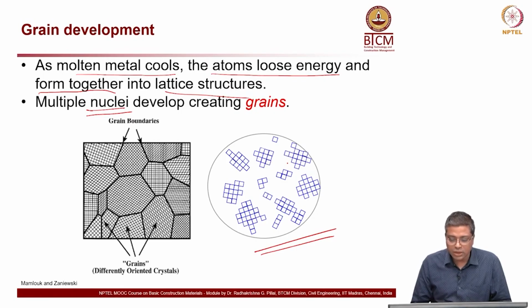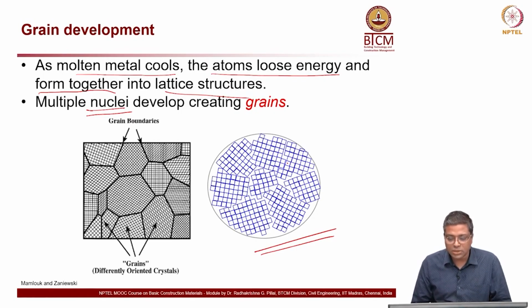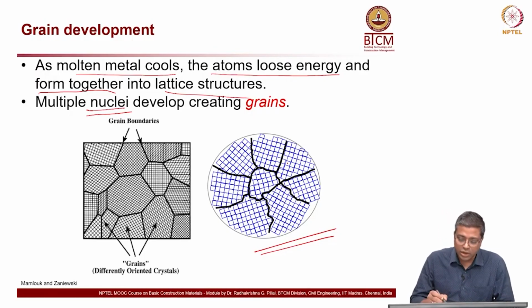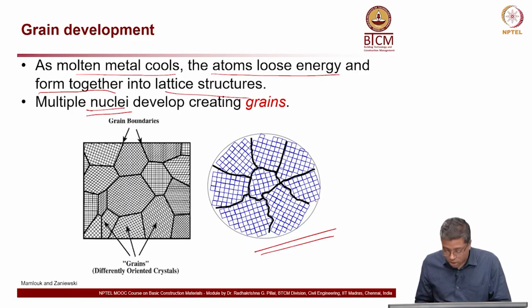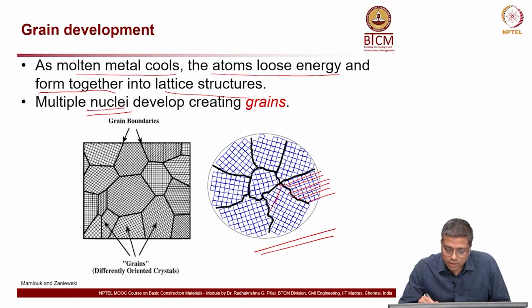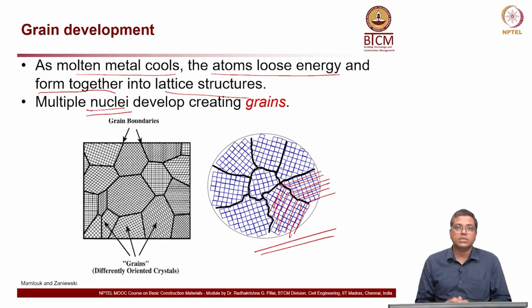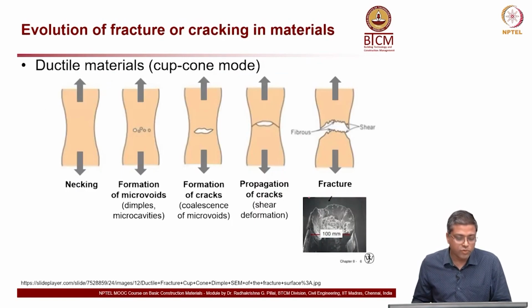Crystals are growing, and then suddenly they start hitting each other, and then the entire space is filled. Now, along the black line, you can see that they are not in the same alignment. For example, here these are aligned in this way, whereas these are aligned in this way. So, definitely there is a difference in the alignment, and that is what causes the grain boundaries to form.